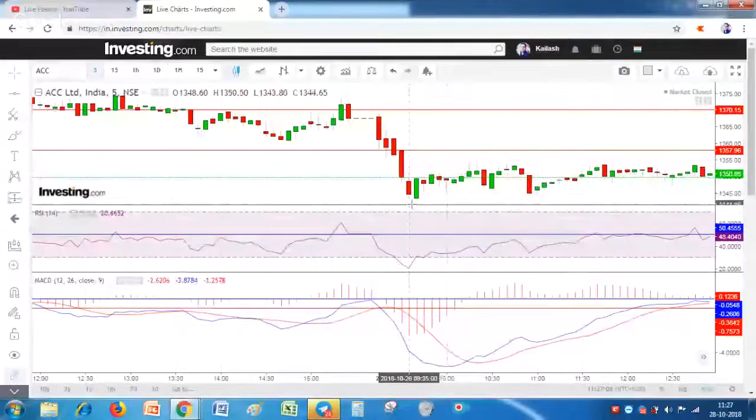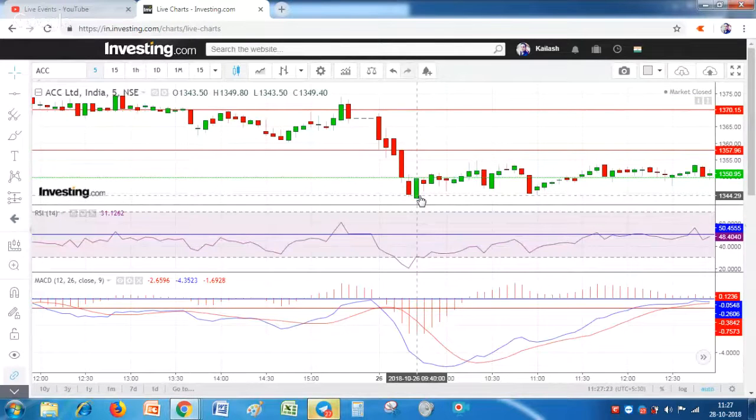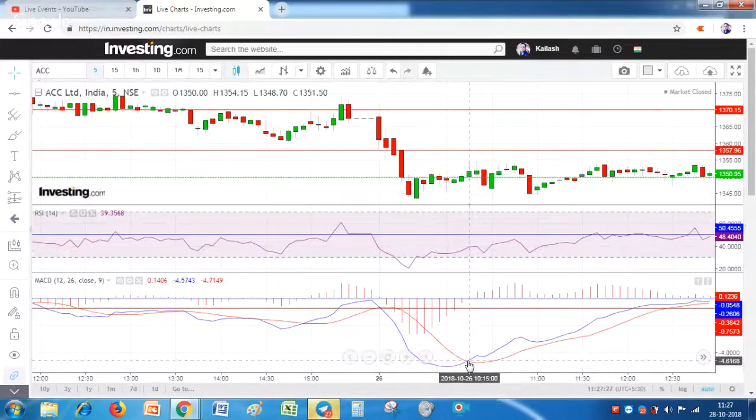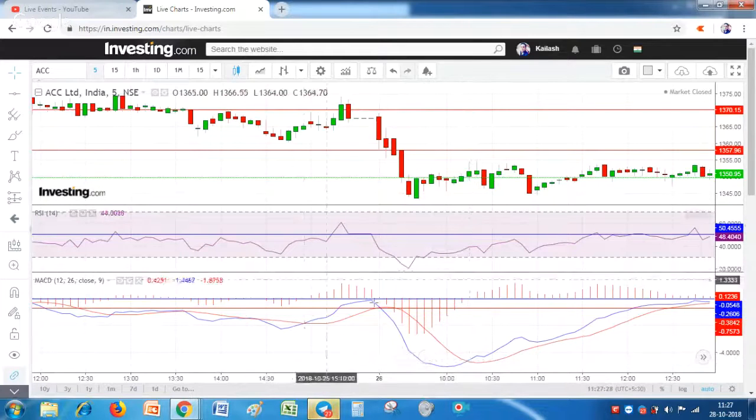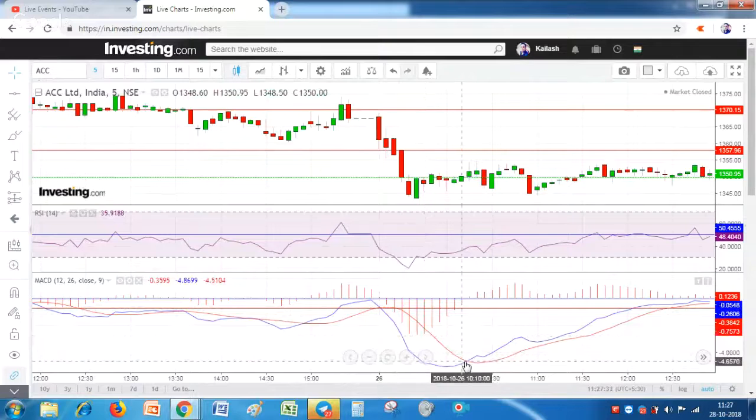Those who have not exited at this level, we were expecting approximately 20-24 points, but the stock has not given us movement in the 1:2 ratio. But see now, MACD has given us a clear indication: there was a bearish crossover, and then again a bullish crossover.